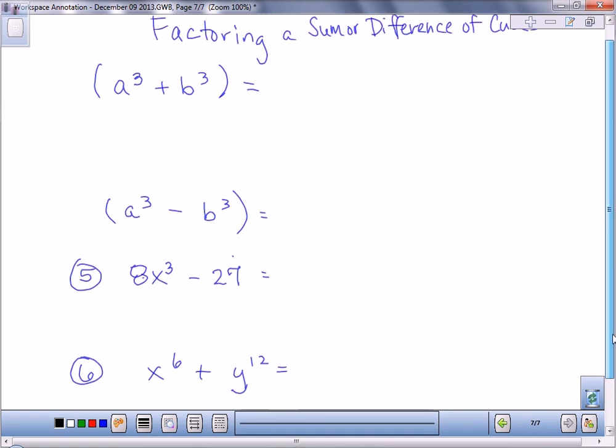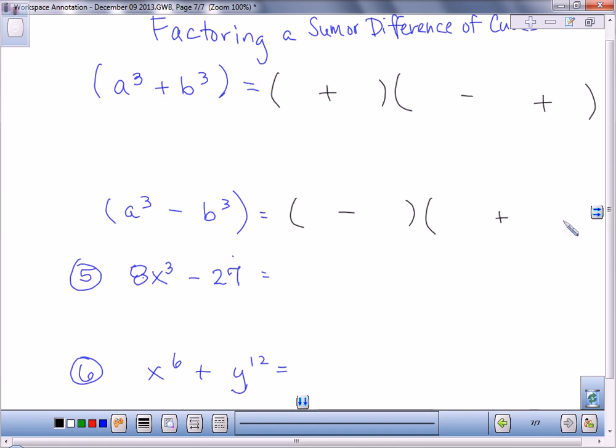If we have a cube plus a cube, the first thing we're going to do is lay out our signs. If it's a sum, it's going to start with plus, and then it goes minus, plus. If it's a difference of cubes, it's going to start with subtraction, and then plus, plus.